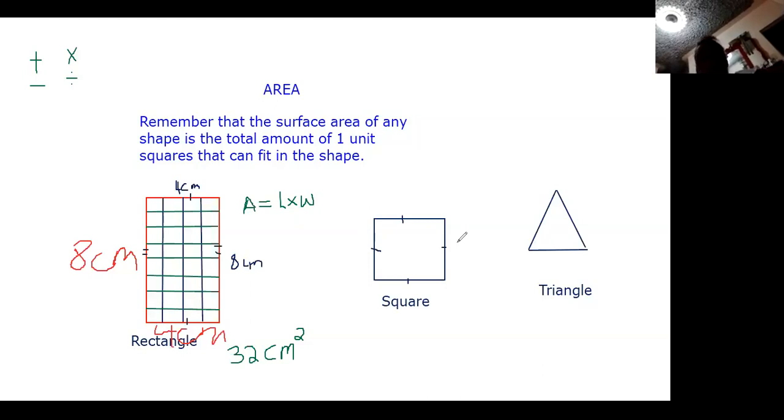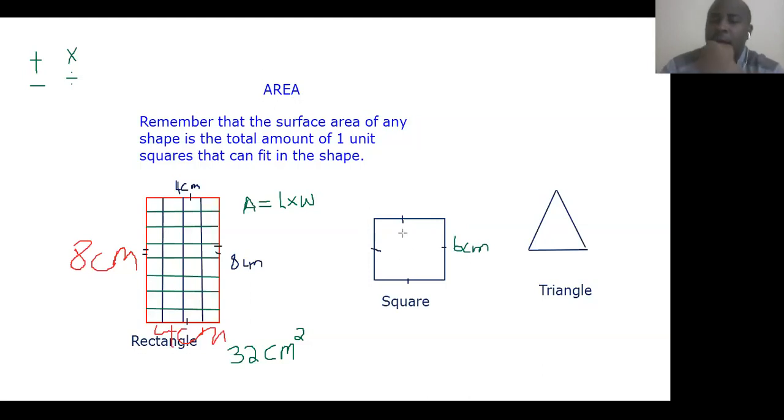So let's move to the shape over here. Now, this shape here, I'm going to say that this side is 6 centimeters tall. Just estimate here. And it's a square, so we know all sides are the same, equal, right? Everyone? Okay.